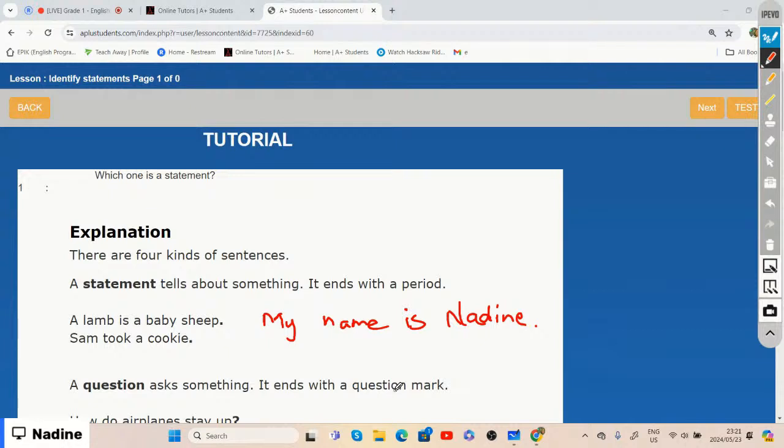So basically, it can be anything that you are just telling someone, because a statement just tells about something. So that is what a statement is. A statement is just telling you about something, and it ends with a period.